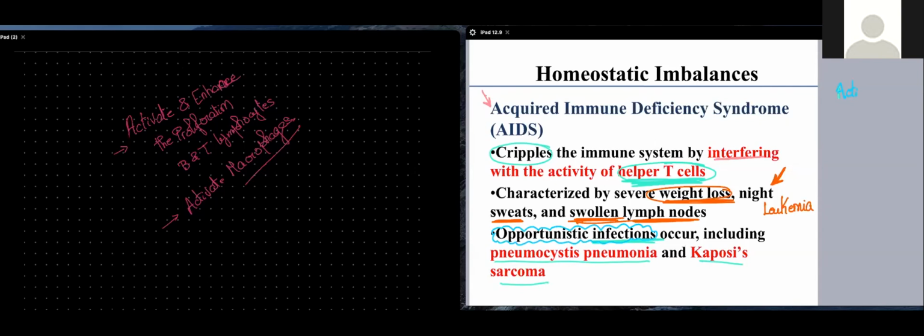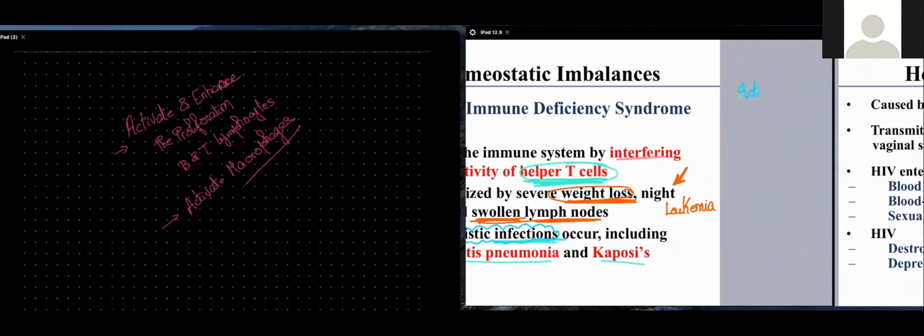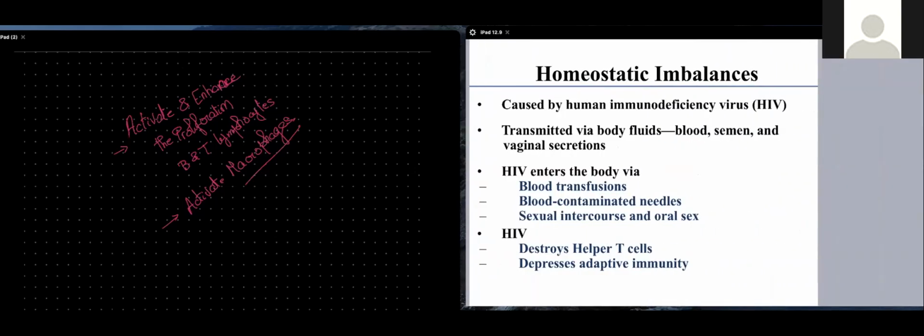So I can't respond to the infection, and as a result, the bacteria that was living normally in my body without causing any problem started to cause an infection. This is what we call an opportunistic infection. It takes advantage of the current situation.